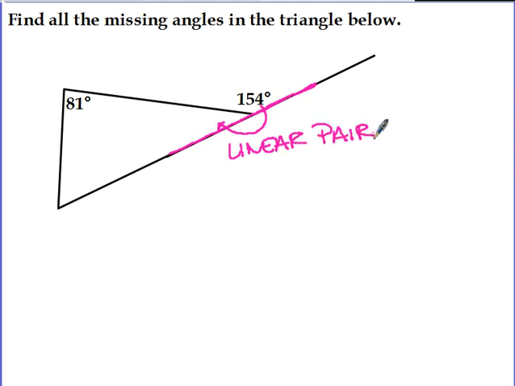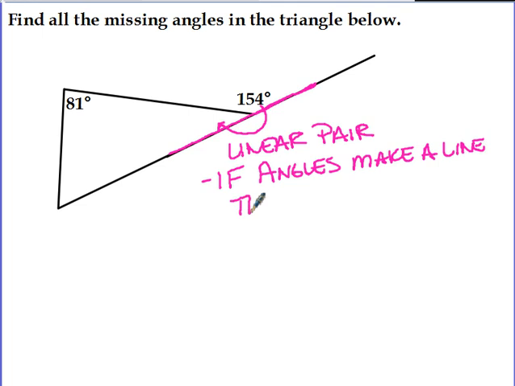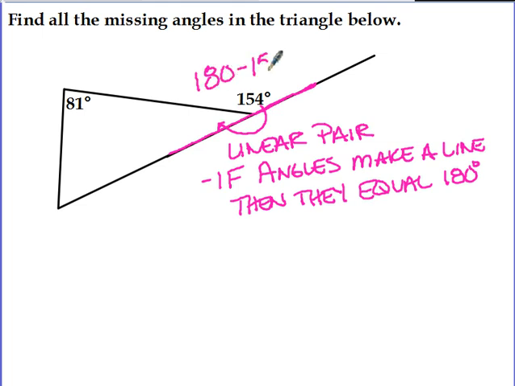And if angles make a line, or form a line, then they equal 180 degrees. So these two angles here would equal 180. So I'll take 180 minus 154, and that's going to give me 26. So this angle is 26 degrees.